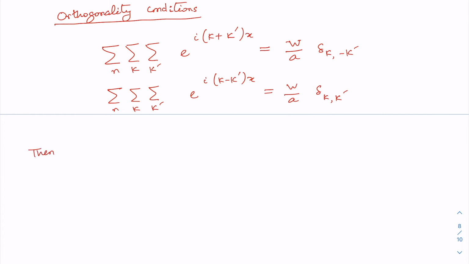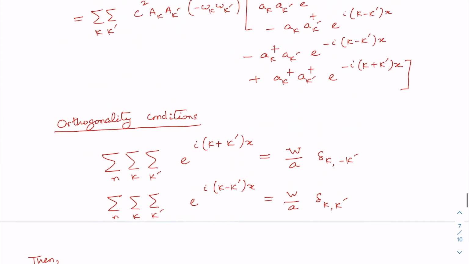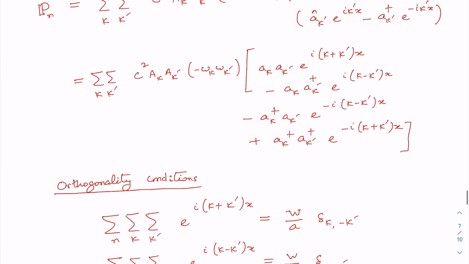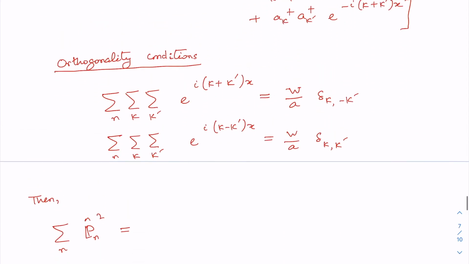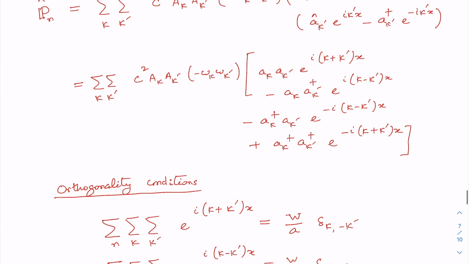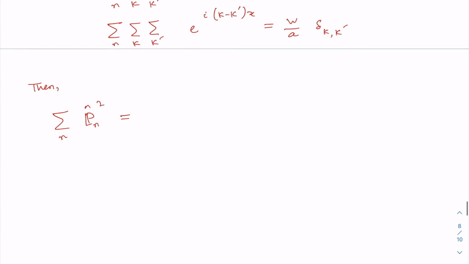So we get the sum over n of p_n squared. It is difficult to scroll again and again, so if you just write it on a piece of paper, that would be more useful. Let me now write down what you get if you apply this orthogonality condition.